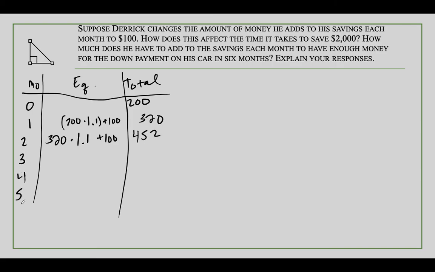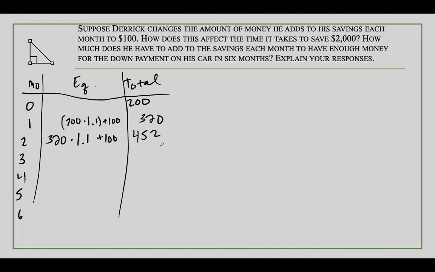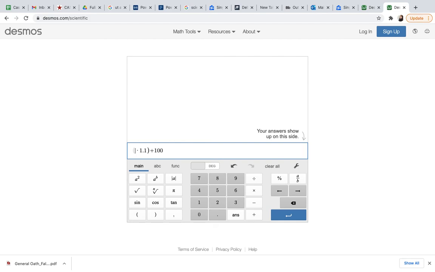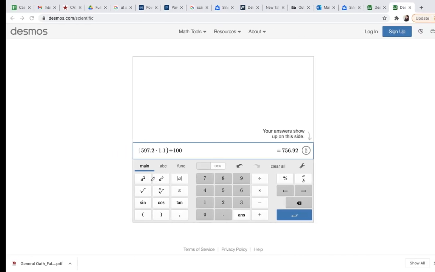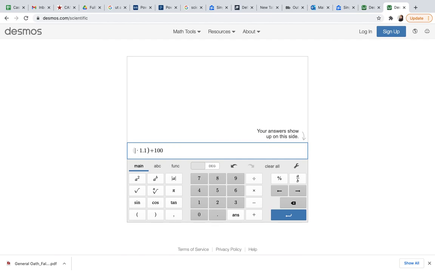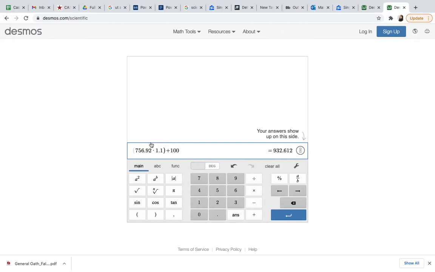3, 4, 5, 6. I'm just going to keep doing it here. So 452, 597.2, 756, 932, 1125.